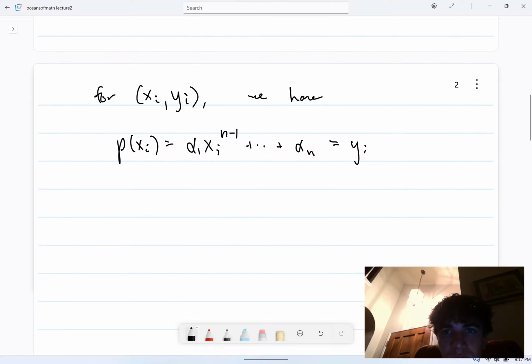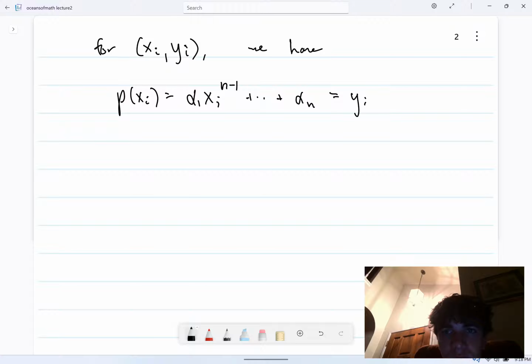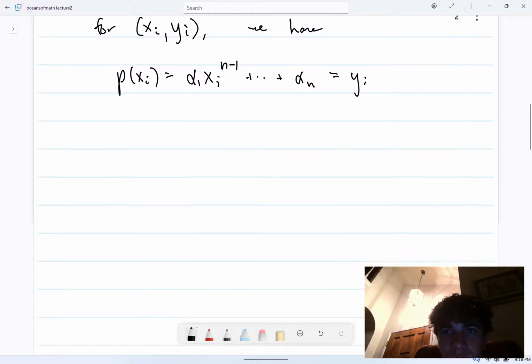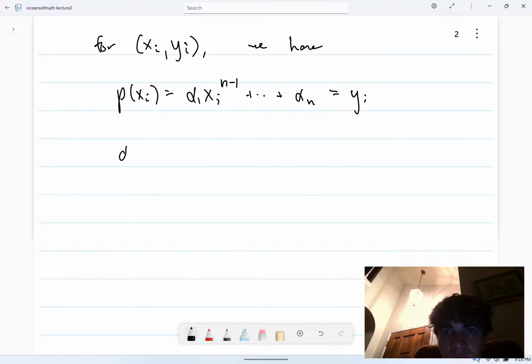Okay, and we can write all of these n equations in matrix form. So if I write them side by side, I have alpha 1 x1 to the n minus 1 plus alpha n equals y1, alpha 1 x2 to the n minus 1 plus alpha n equals y2, etc.